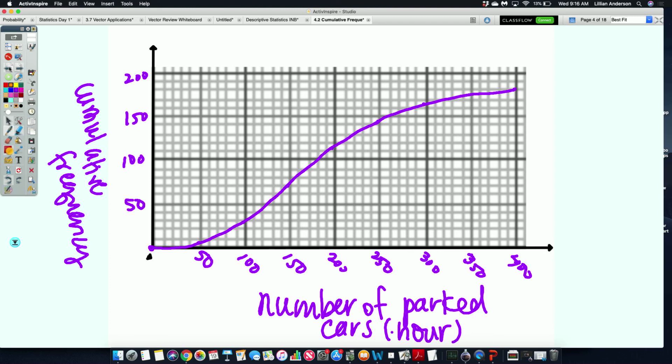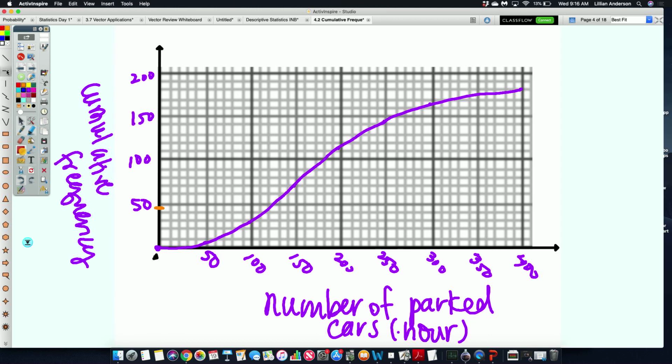45 is halfway between 40 and 50, so it'll be about right here on my graph. I use my ruler, so I'm going to use my straight edge feature. You go over along 45.25 to where it hits your cumulative frequency curve.